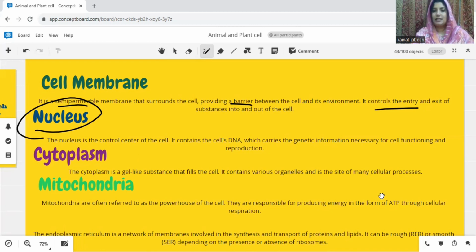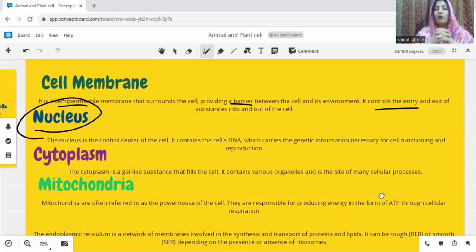It contains the cell's DNA, which carries the genetic information necessary for cell functioning and reproduction. So the nucleus contains the important thing, the genetic material. The next thing is the cytoplasm. Cytoplasm is just a jelly-like substance present in the cell. In the cytoplasm, all the organelles can move, and it is the site of many cellular processes.